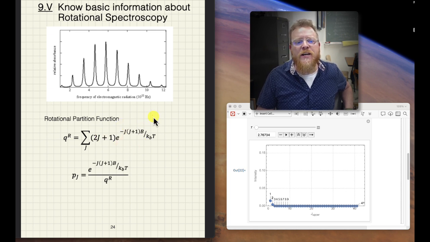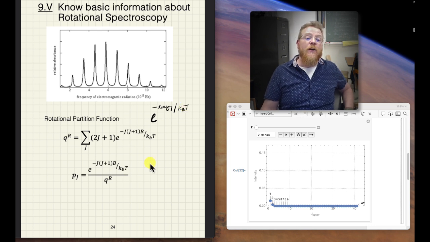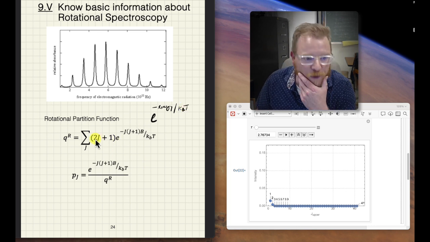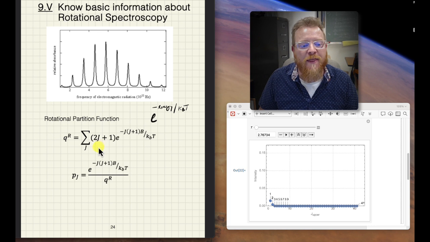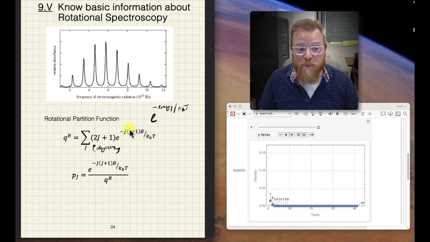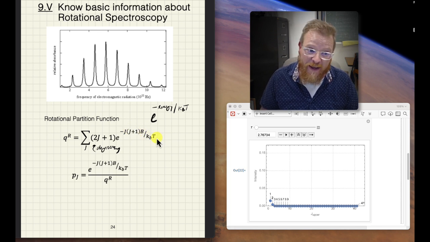And if you recall, partition functions have the base value of being e to the negative energy divided by kBT. So now if we look at this here, we've got this 2J plus 1. That is our degeneracy. And then here we can see this exponential, negative J times J plus 1 times B. That is our rotational energy, all divided by kBT.